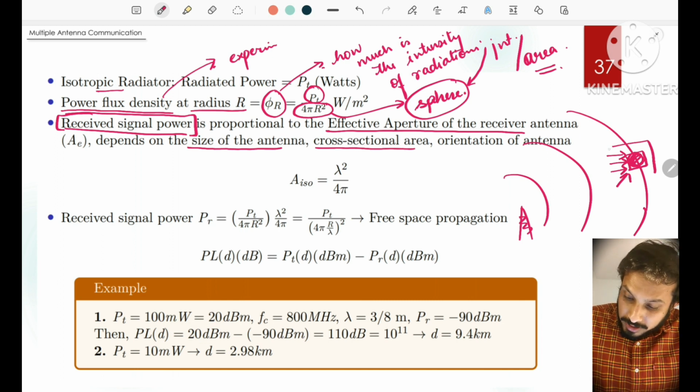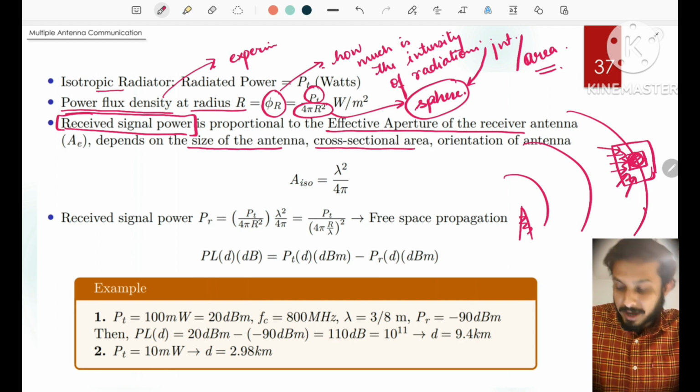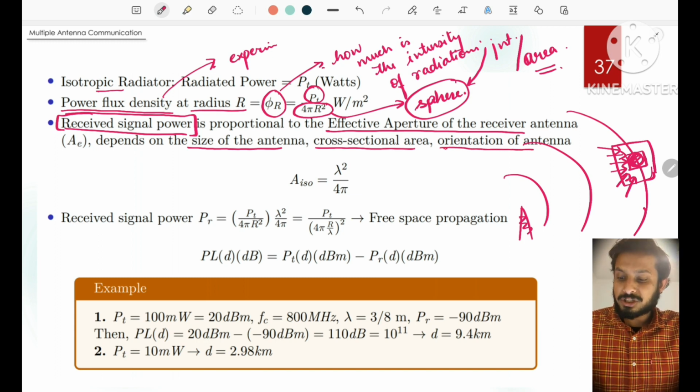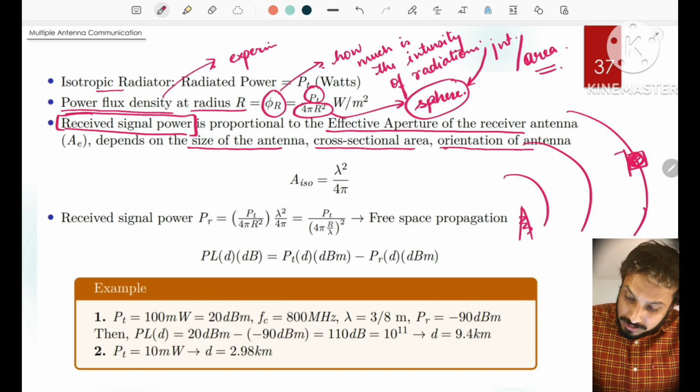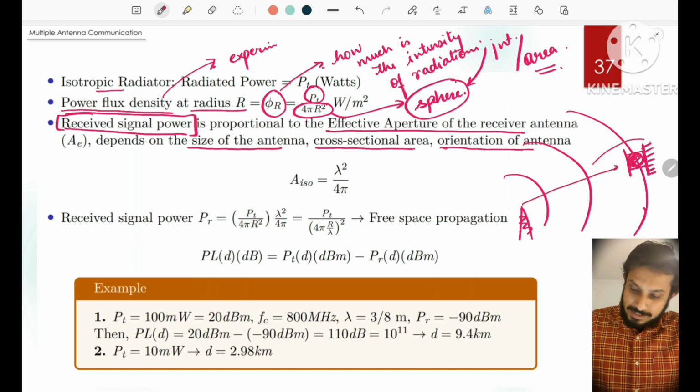The higher the size of the antenna, or the cross-sectional area, the more power will be intercepted by the antenna. It is also proportional to the orientation of the antenna. If the antenna orientation is towards the base station, it will receive more power, whereas if the antenna orientation is opposite to the base station, the signal received will be very less.